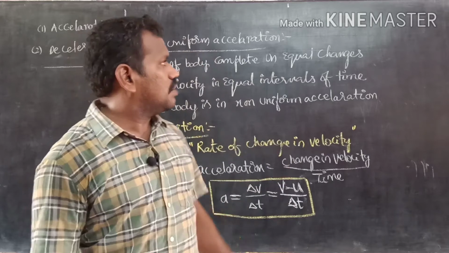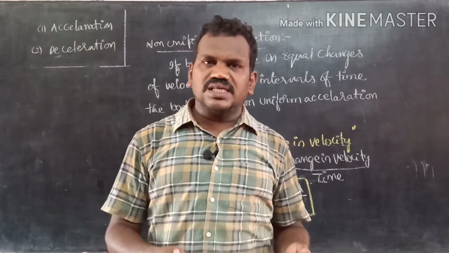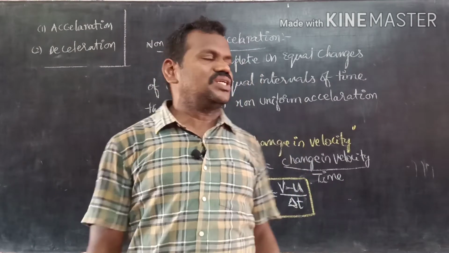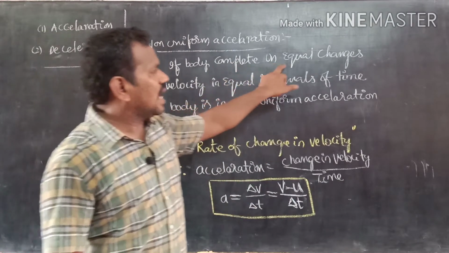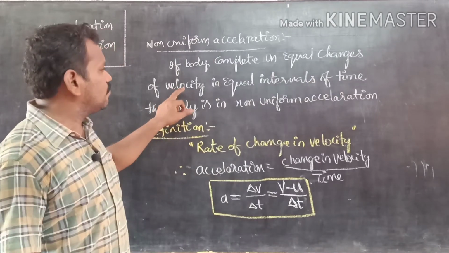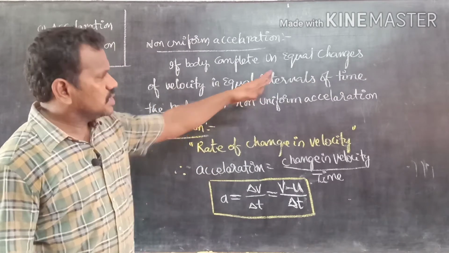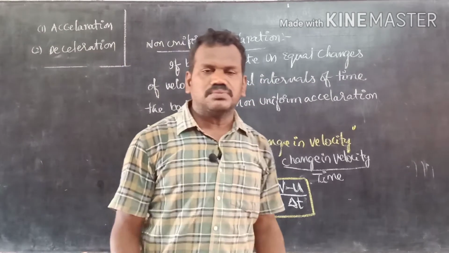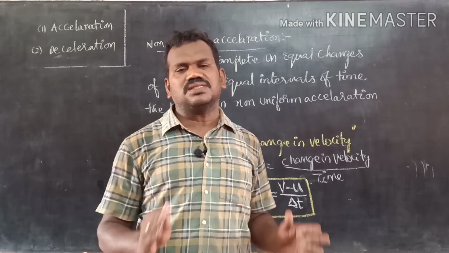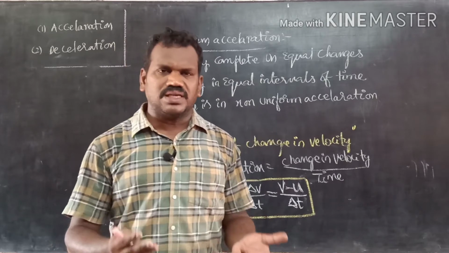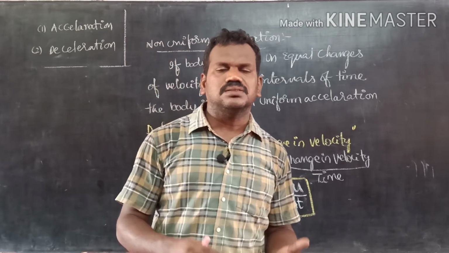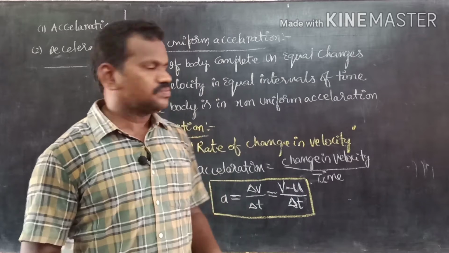In non-uniform acceleration the body's velocity changes by unequal amounts in equal intervals of time. Time should not change; the time intervals are always equal. However, the intervals may be in seconds or minutes, whatever they may be.